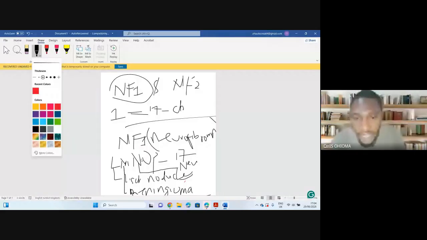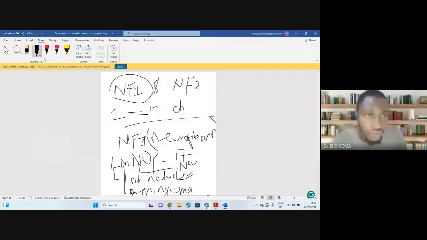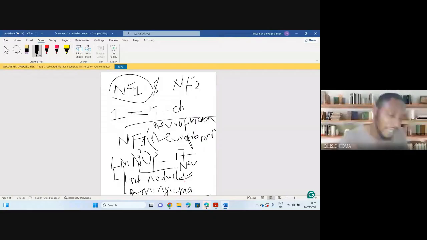So the N has two, basically: neurofibromin and neurofibroma. Neurofibromas are kind of skin manifestations, right? The neurofibromin is the name of the tumor suppressor gene that is affected, while the neurofibroma is the skin presentation of neurofibromatosis 1.